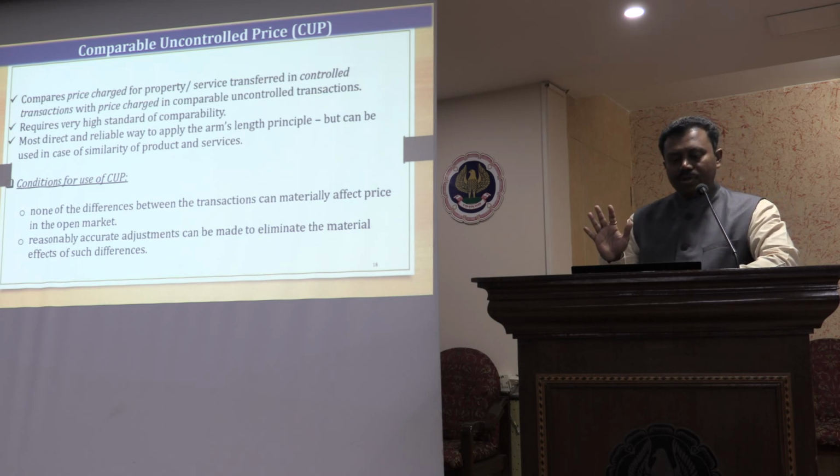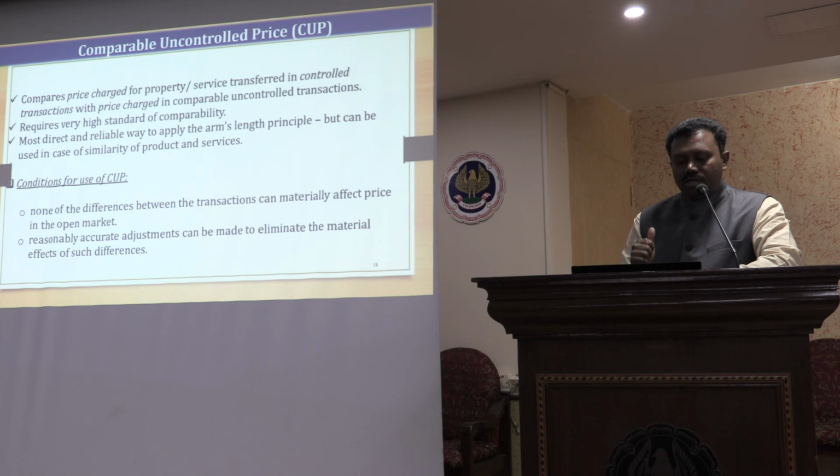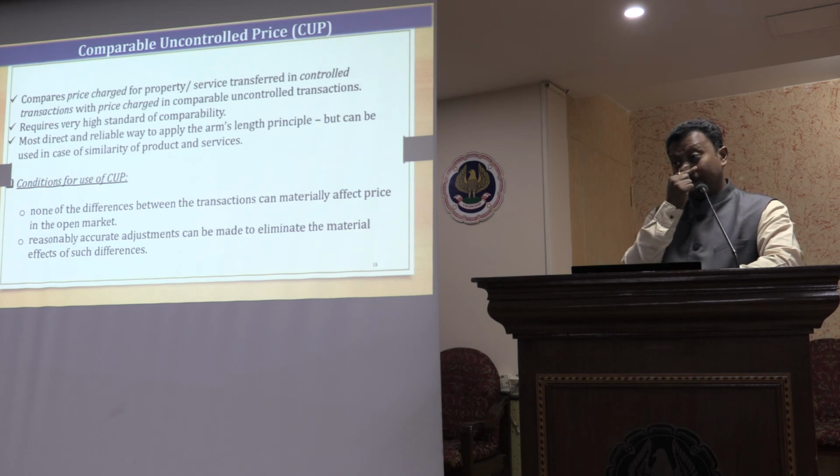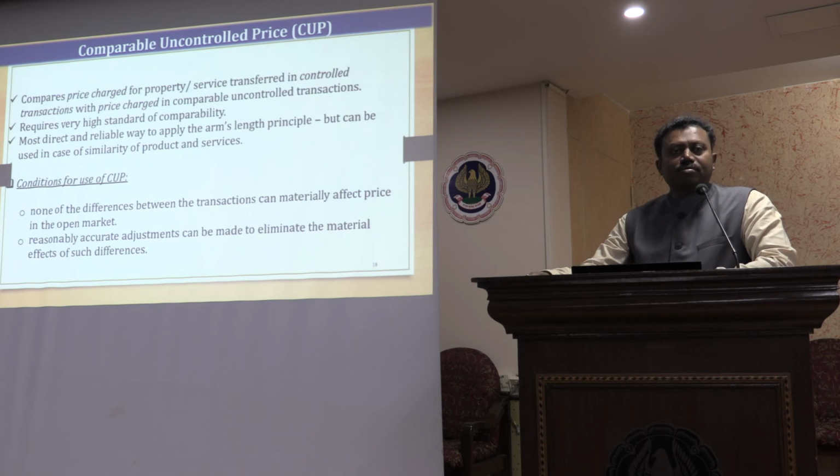That is the CUP. In this method, it compares the price charged for property or service transferred in controlled transactions with the price charged in comparable uncontrolled transactions. I think we can have some 2-3 examples here.